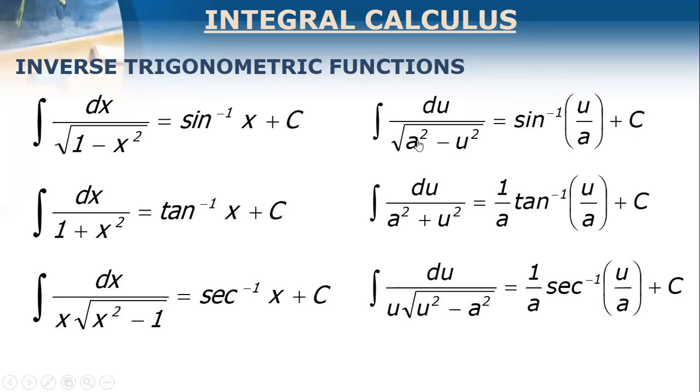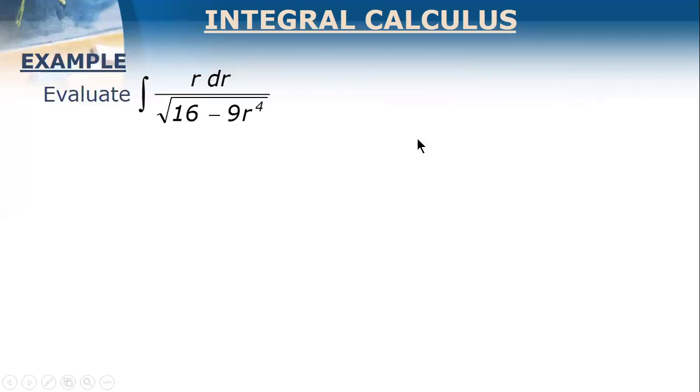So first, we have to express each term of the radicand as a perfect square. So 16 is 4 squared, and 9r to the fourth is 3r squared quantity squared.